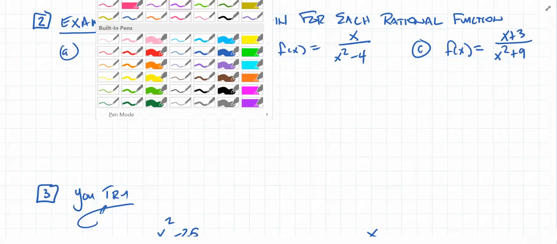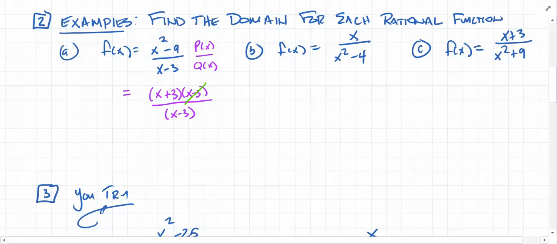So a lot of students want to just do this. They want to cross that out with that green line there. And technically, yes, you can. They make a multiple of 1, so you can multiply by 1. But then, by doing so, you would be saying the domain is everything, because then you're just left with an x plus 3, and that's a line. So, for the sake of finding the domains, I'm going to recommend that you don't do that.